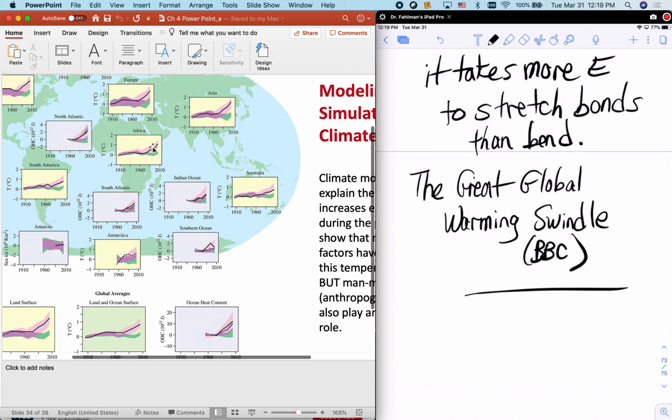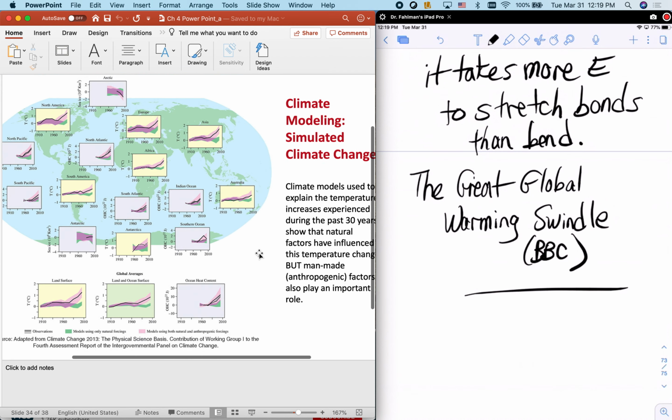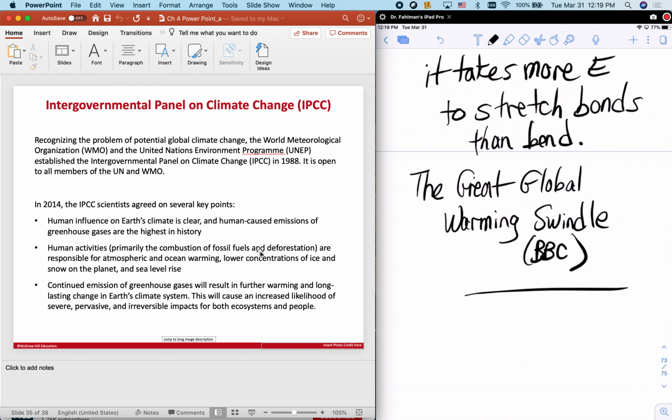And then they brought in carbon dioxide concentration, so man-made activity, anthropogenic, and you'll see that the pink, which takes into account human activities, matches almost exactly in any part of the world, a lot more closely than if you just considered natural causes. Okay, and so the global averages here are this. So again, human activity corresponds very closely versus the green, which is nowhere close. Okay. So again, some very strong evidence there.